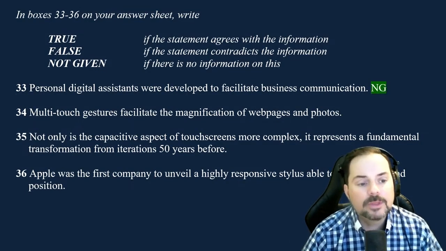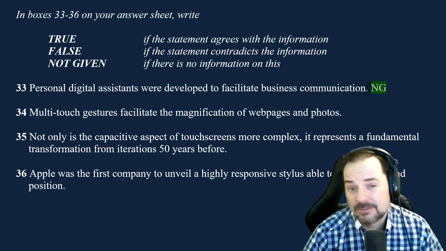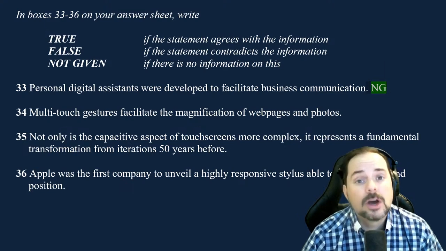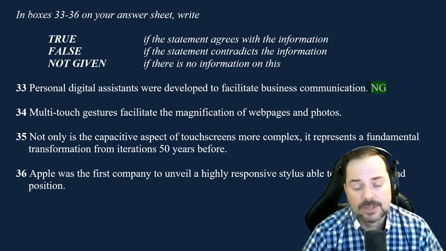We know that there was something there about personal digital assistants, but I don't remember any visualization about business communication. So here I would choose not given and just keep going. It's very dangerous to try to search for this because you can waste a lot of time figuring out that it's not given.